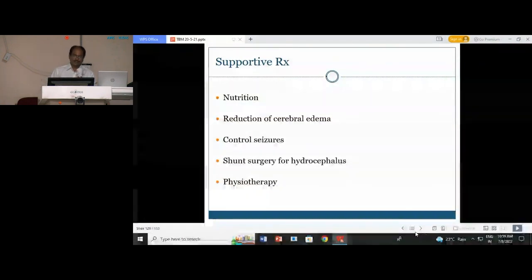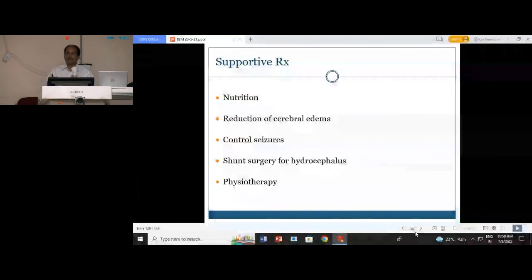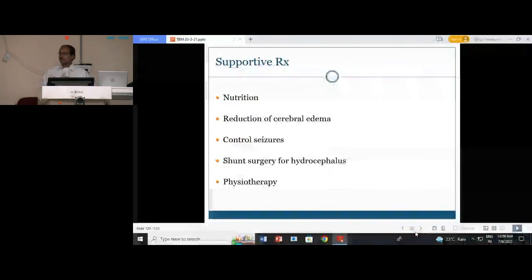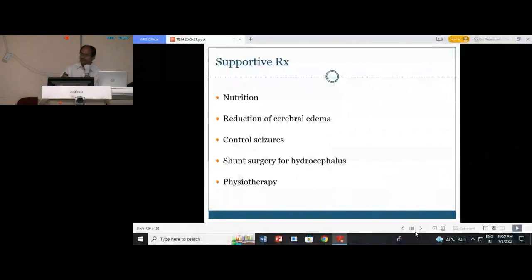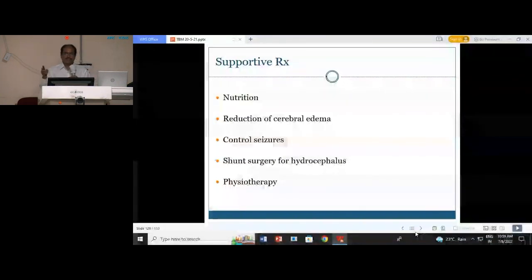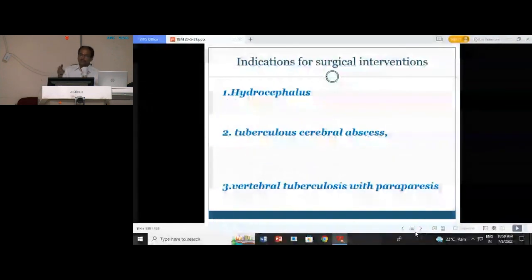Physiotherapy is very, very important if the patient has focal deficit, hemiparesis, quadriparesis, or paraparesis due to spinal involvement. Always refer to a physiotherapist. Indications of surgical intervention: hydrocephalus, tuberculous cerebral abscess, vertebral tuberculosis with paraparesis.